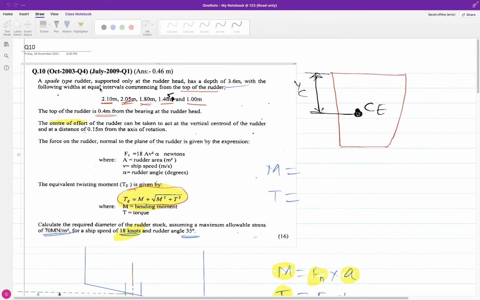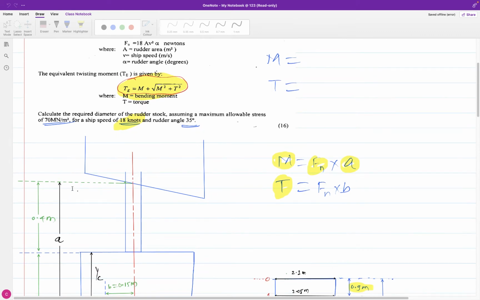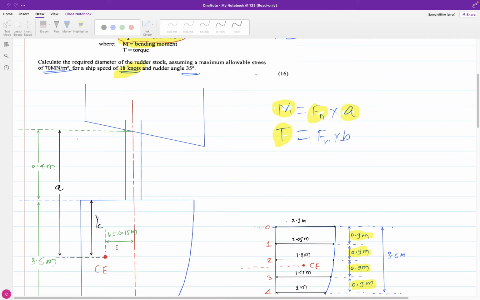If you read the question, the top of the rudder is 0.4 meter from the rudder head bearing. So this distance is 0.4. The center of effort is nothing but the centroid of the rudder.